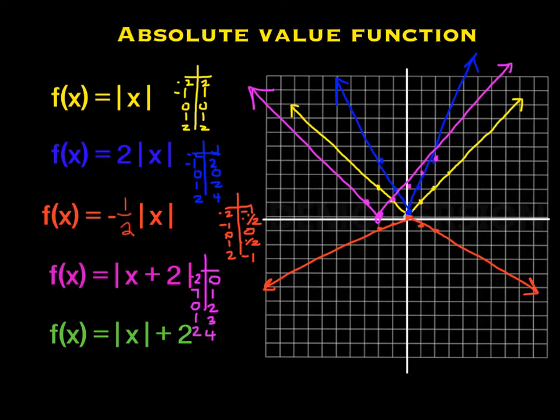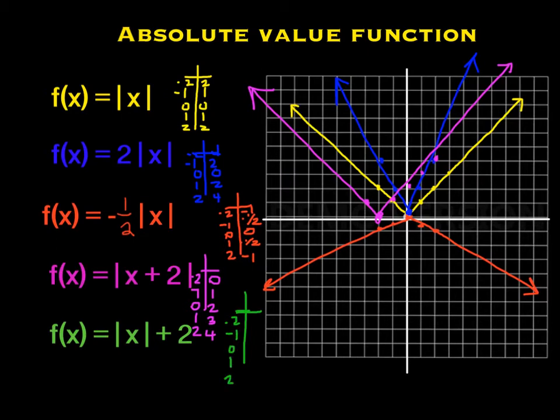Last one, let's look at what happens with this bottom one. And this is very common in lines. Okay, so if you look at it, this kind of looks like the b, y equals mx plus b. So you know what b does to a line, but let's just check it out. So let's do -2, -1, 0, 1, and 2.